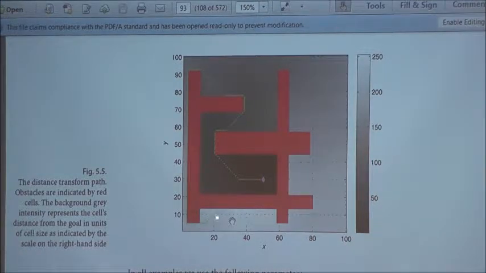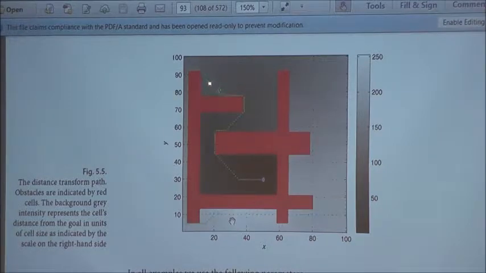Then you come here and you see I'm far away from the goal. So it directs you to go this way and then go around, because as you can see, going from one cell to another cell, the color keeps becoming darker and darker until you get up there, which is somewhere around here. So you are moving in the right direction.